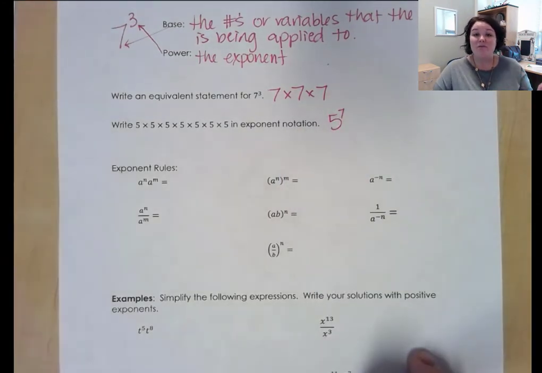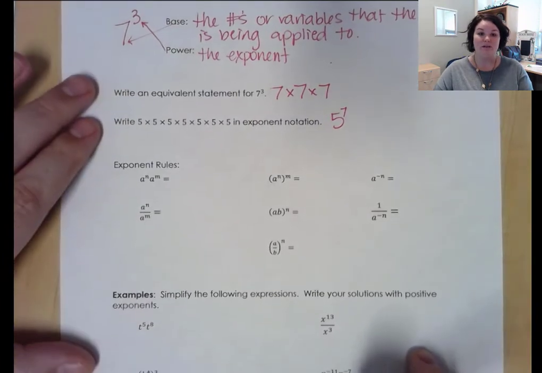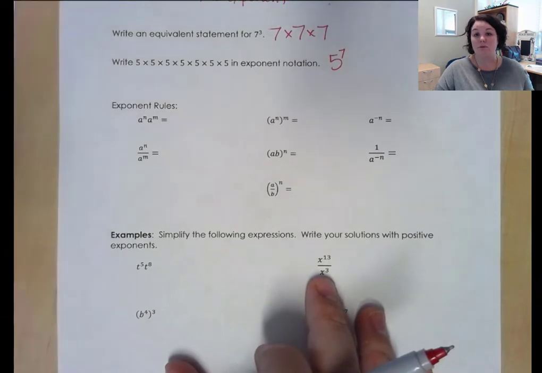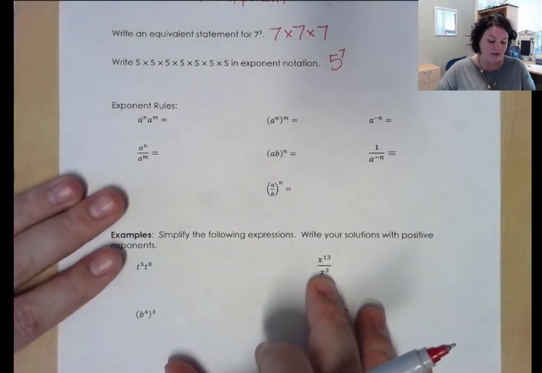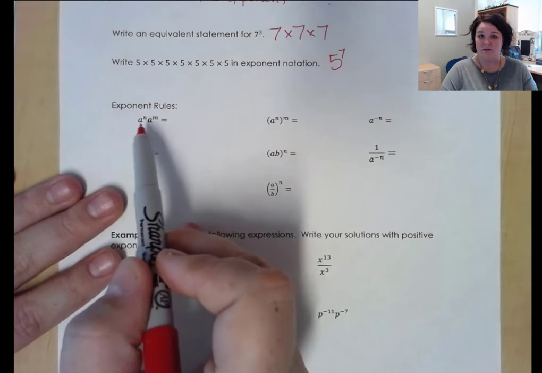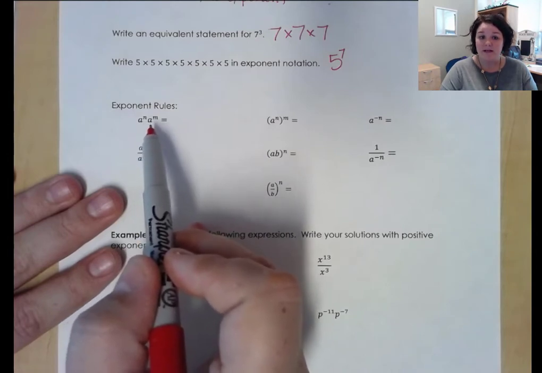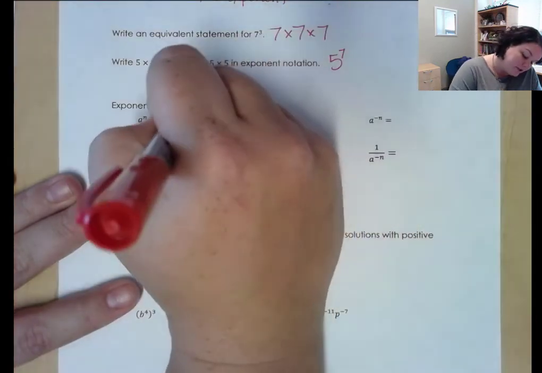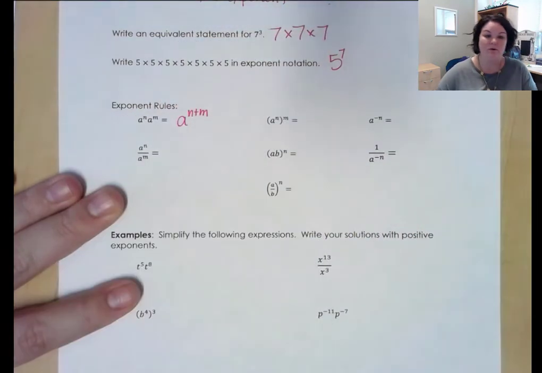All right, so we have a few rules when we're dealing with exponents that help us simplify expressions. These are the rules we're going to focus on for the purposes of this class. The first one is when we're multiplying two terms that have the same base. If they have the same base and we're multiplying them, then we can add the exponents.